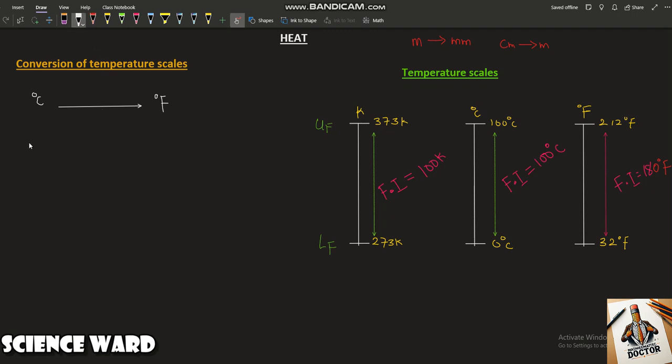Let us consider that I have a beaker, and this beaker contains some hot or warm liquid. In order to get the temperature of this, I have to dip into this content a degree centigrade thermometer.